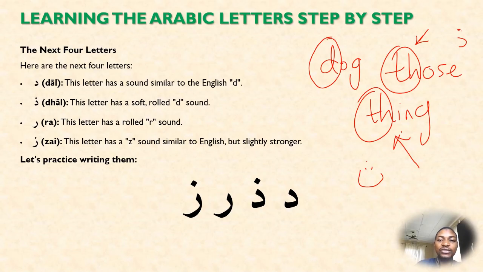For instance, when we have B-O-T-T-L-E, Americans will say Baru. The British will say bottle. The Americans will pronounce the TT with a rolled R sound, okay?